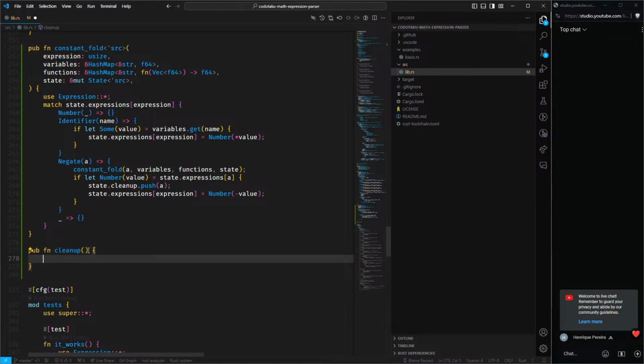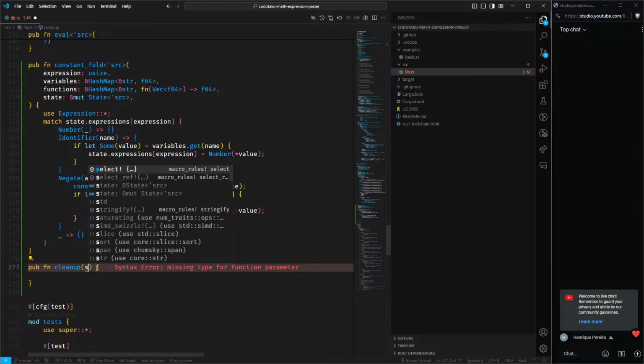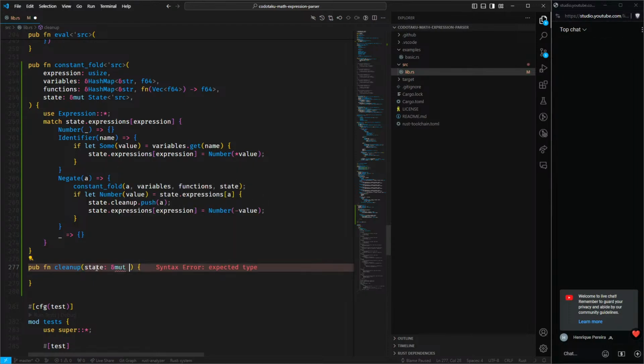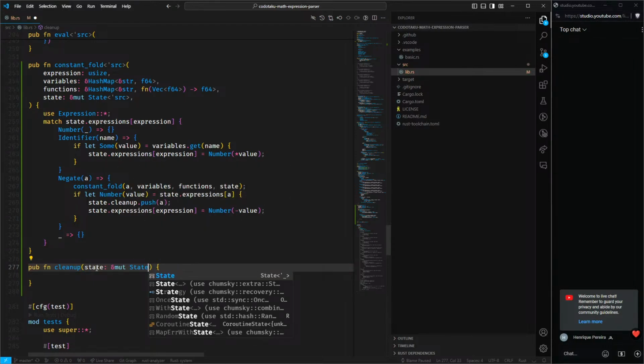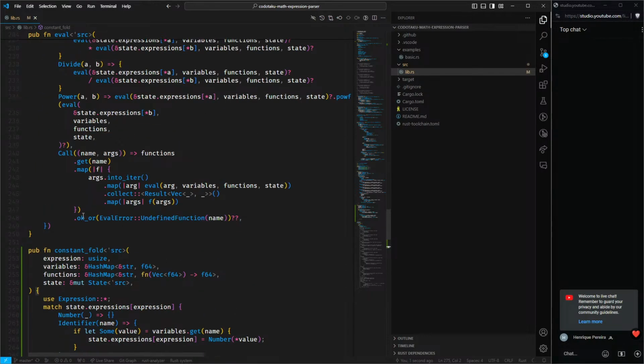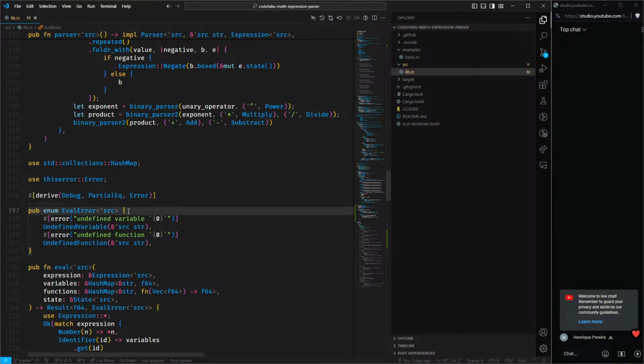Let's see. So we're gonna go through the state. Do we need the expression? No, we don't. I think we only need the state, pretty much. Beautiful. And honestly, I should probably put this into maybe a function. Where is the state?